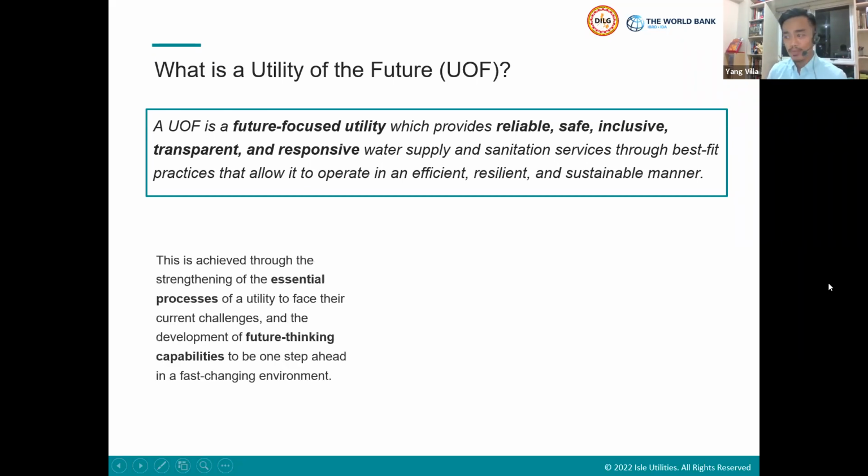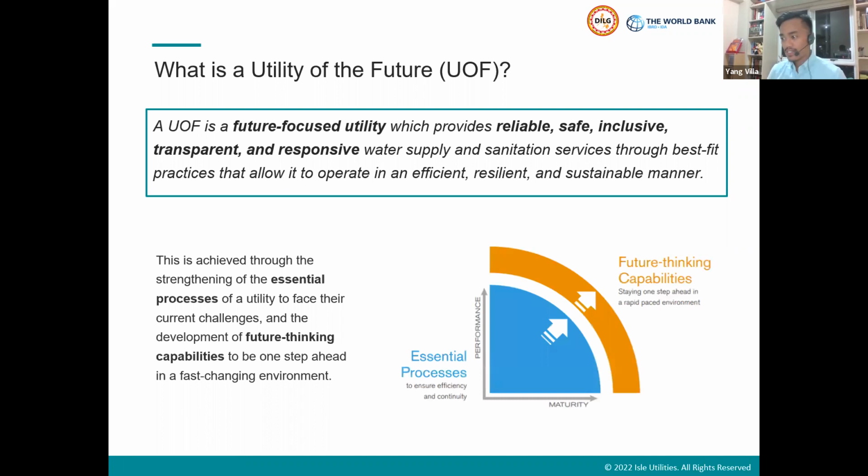How do we do this? How can we promote utilities to become utility of the future? We help them first expand or strengthen their essential processes. That is, the processes, systems, policies, and performance that allow the utility to face their current challenges, ensures their efficiency, ensures their continuity.